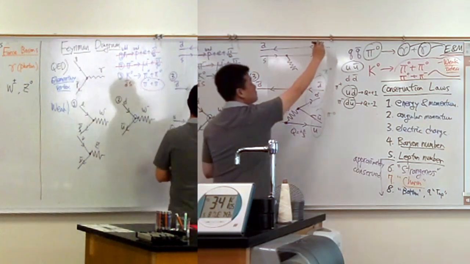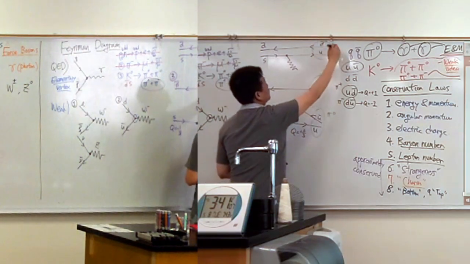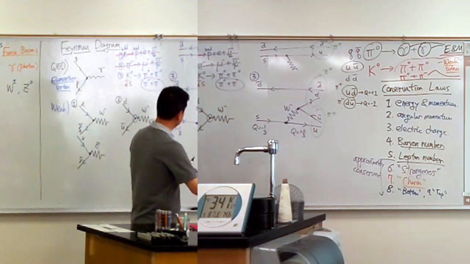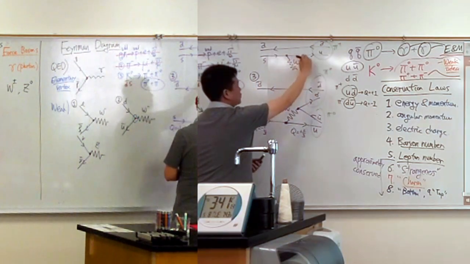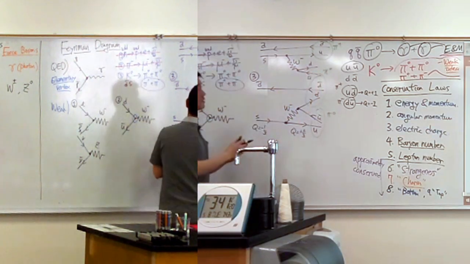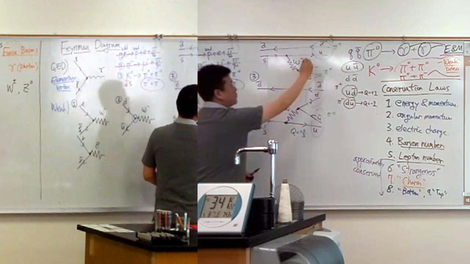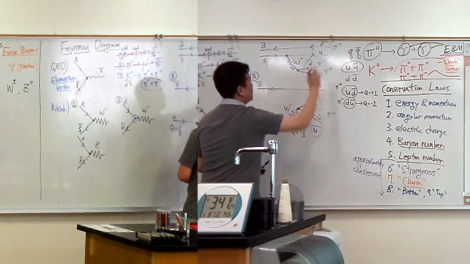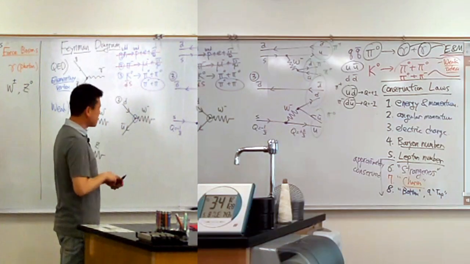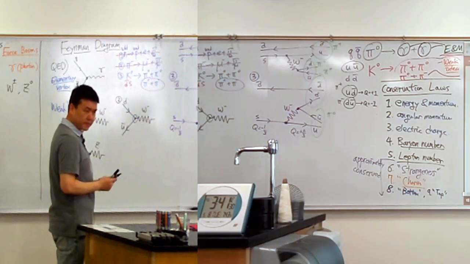So this just hadronizes into pi plus, turns into a pi plus meson. And this W minus boson, after it decays into down and anti-up quark, these two hadronize into pi minus. Okay? It's kind of a very subtle difference.